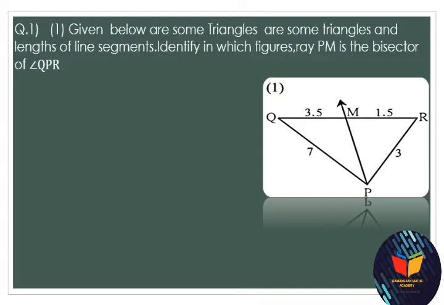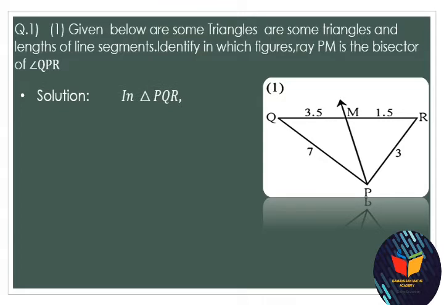By the angle bisector theorem, if PQ upon PR is equal to QM upon MR, when these two ratios are equal, that time we say that ray PM is the bisector of angle QPR. So step by step we will see its solution.